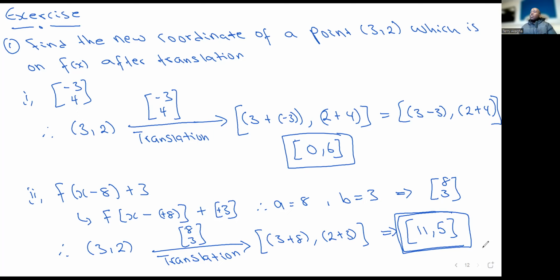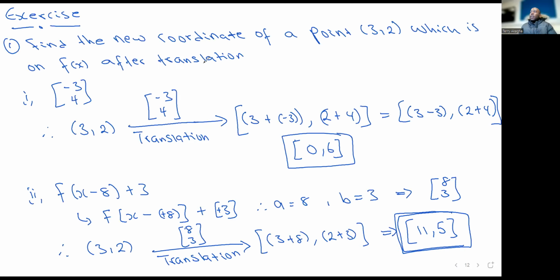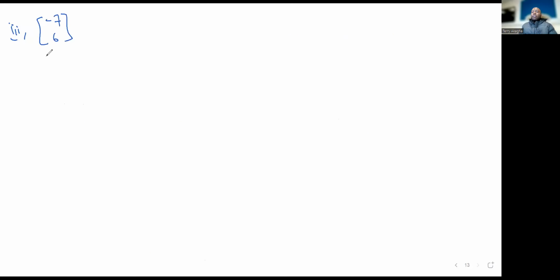Now let me add maybe 2 more examples on getting the new coordinates just to be sure we understood it. Let's assume we have the same example, but now we are having a translation of -7 and 6. We're asked to find the new coordinates for 3 and 2 under the translation -7 and 6. It's going to be exactly the same thing.